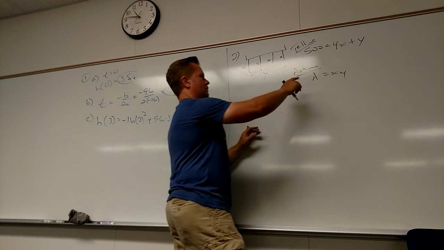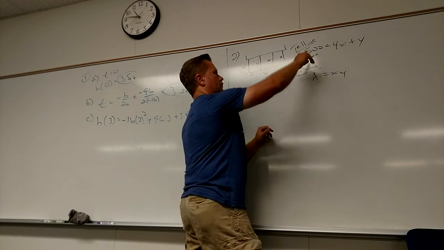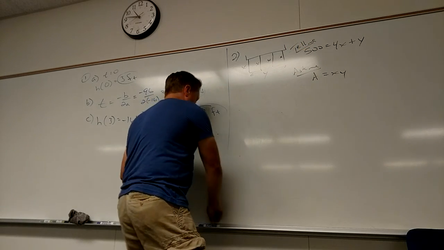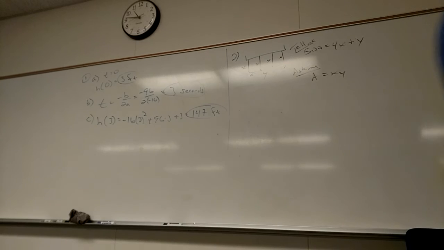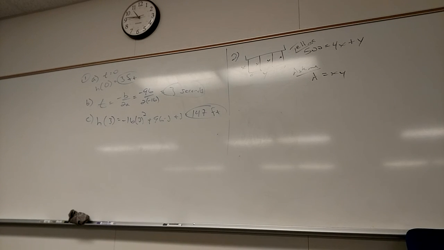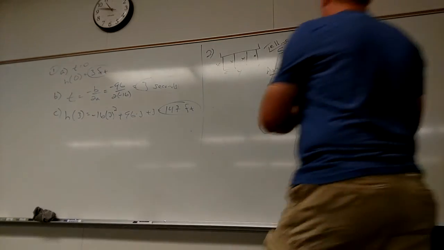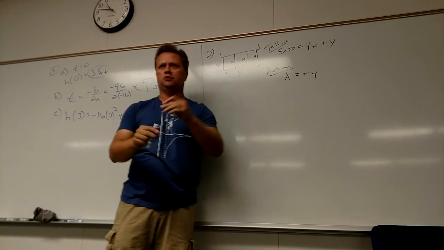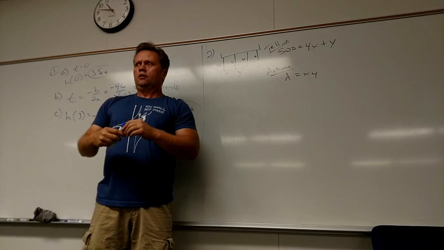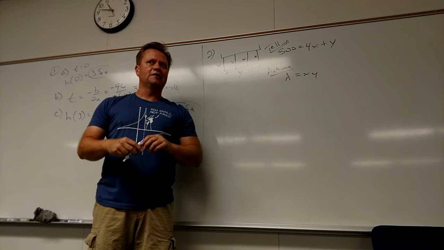All right. Now, let go of all that. How do I use what they told me in what they asked me? What do I do with what they told me? I can solve it for any letter I want to, but what letter should you solve it for? I should definitely solve it for Y. Why?